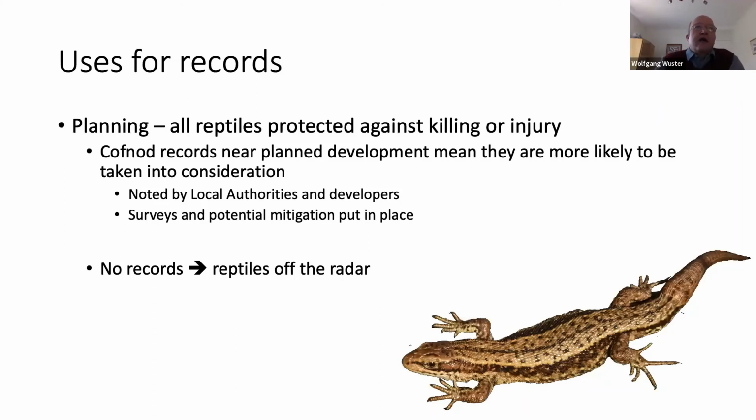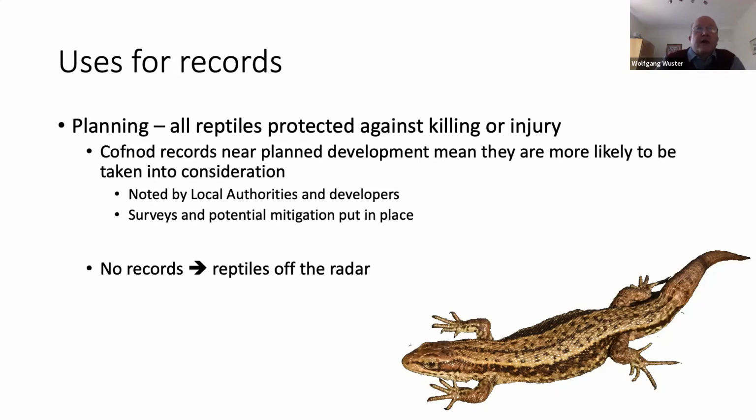So uses for records, first of all, for local planning. All reptiles are protected against killing or injury, which means that if there's any planning for any sort of construction or anything like that, harm to reptiles needs to be avoided. Clearly, for that to happen, they need to be on the radar, and Cofnod records are the best way of putting them on the radar.